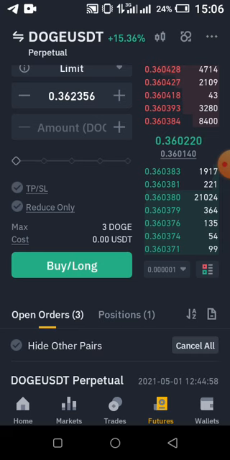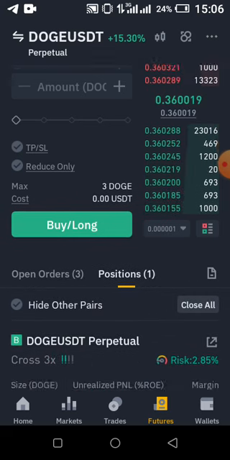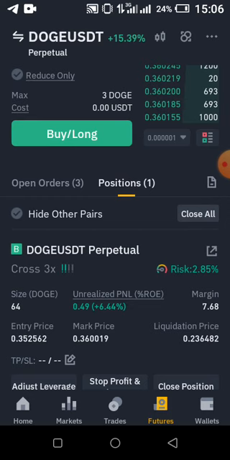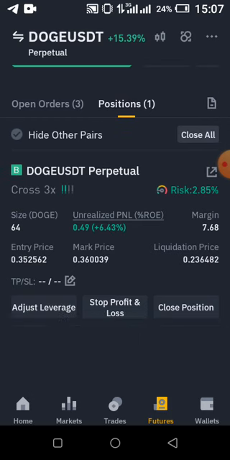It will take me to the trade I'm currently on, which is DOGE USDT perpetual. From what you are seeing, it means I bought DOGE and I'm on a profit of 6.42%, and the equivalent in USDT is 0.48, actually using a small amount of money.